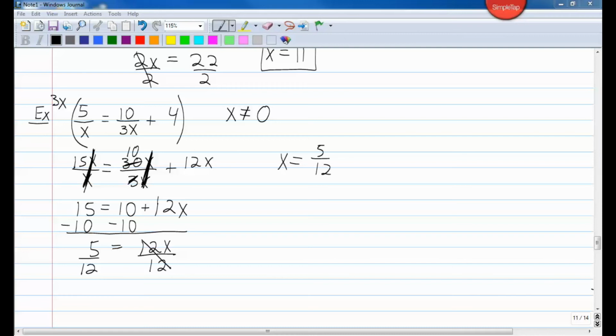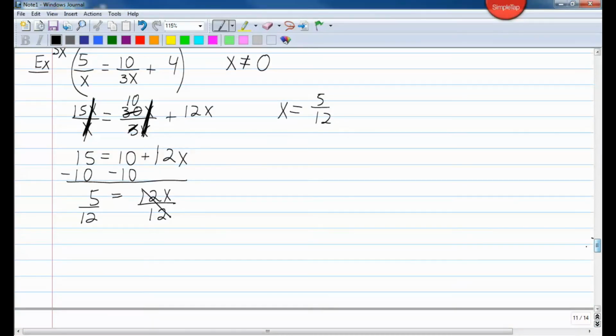Alright, the last topic that we are going to cover in this section is whether an equation is an identity, a conditional equation, or an inconsistent equation. Okay, so we have three different possibilities for an equation.